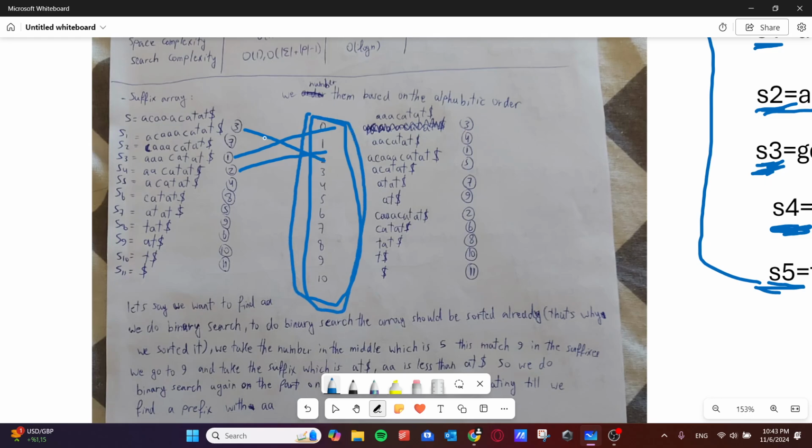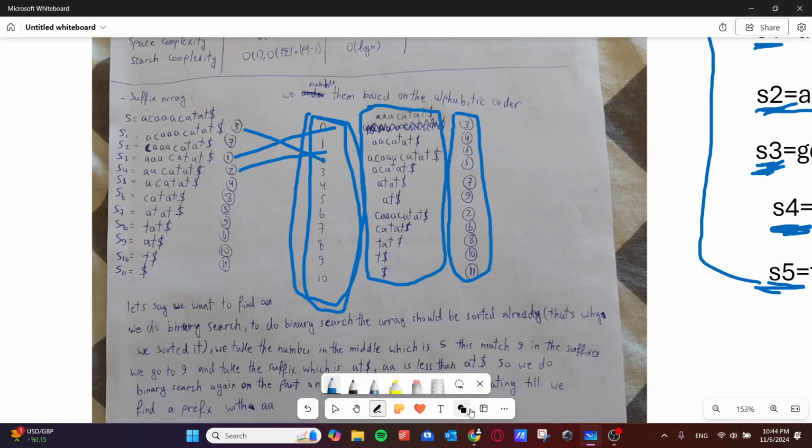Then I see, for example, zero is for one, right? But what is the number of the suffix? It's three. So I put three here. Again, for one, this is two, right? What is the number of the suffix? It's four. For two, it represents three here. What is the number of the suffix one? I put everything, then put the characters.